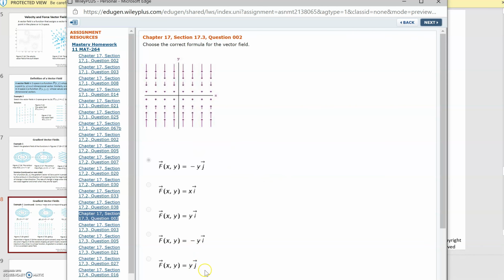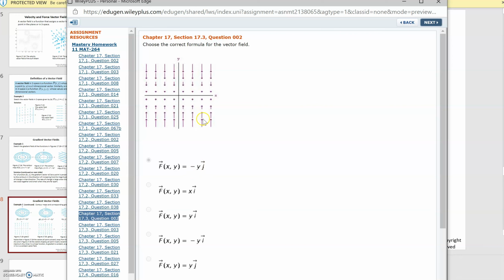But also, let's think about it. We've already seen a case for this one, right? If I'm plugging in positive values, then they should all be going upward this way. And if I'm plugging in negative values, it should be going down. Now, if we look at this one, if I plug in a negative value, I'm going to get a positive number.